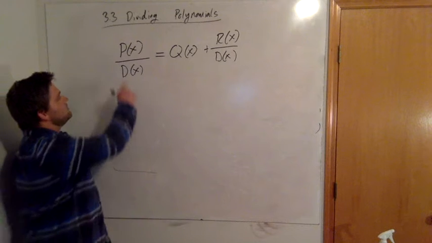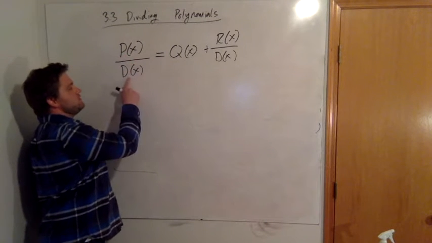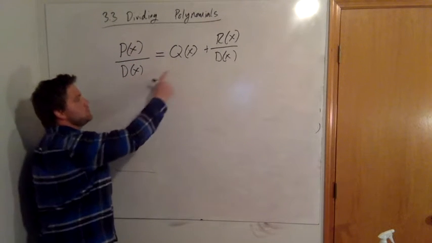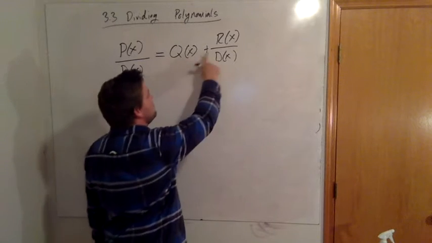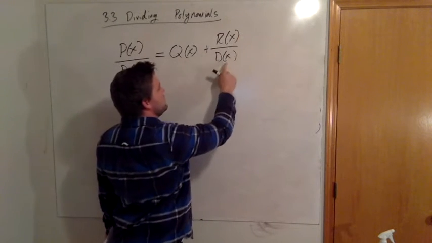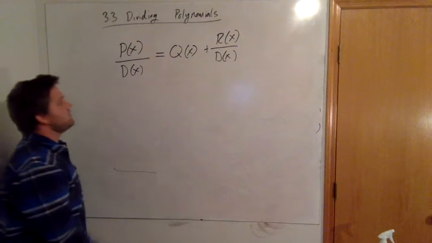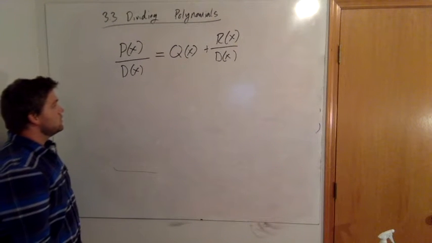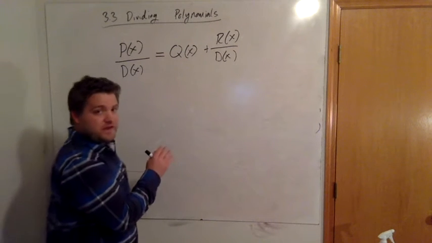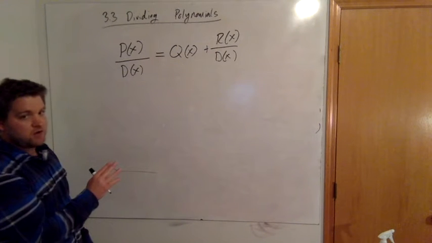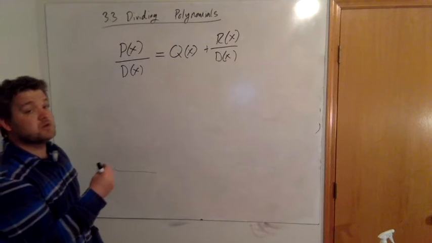So again, this p of x would be the dividend. d of x would be the divisor. q of x will be the quotient. r of x will be the remainder, and d of x will also be the divisor in the fraction. So what I'd like to say here is when we end up doing the division algorithm with polynomials, how do we know we're going to be finished?